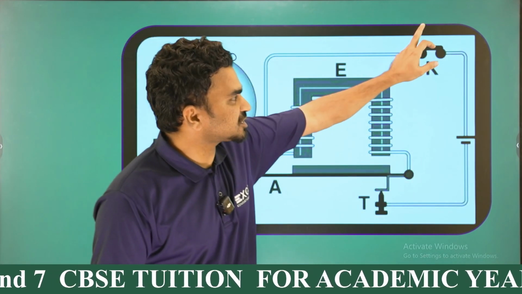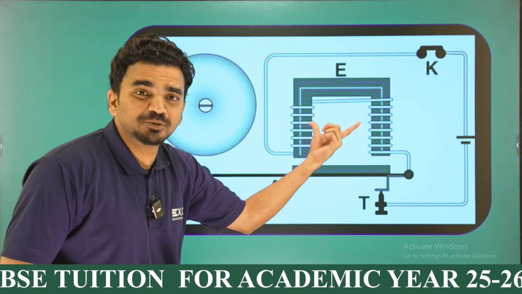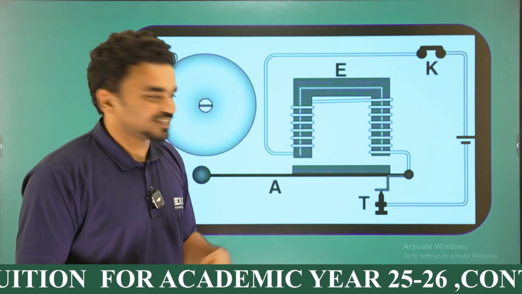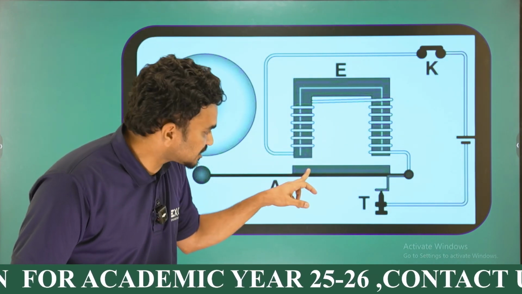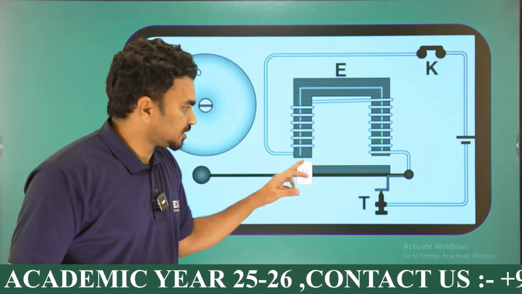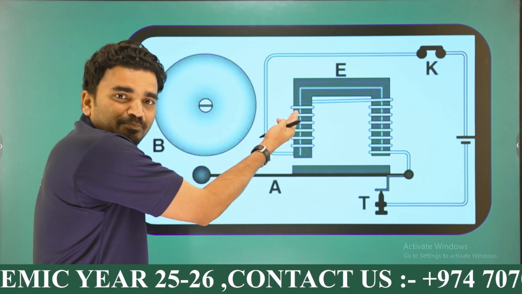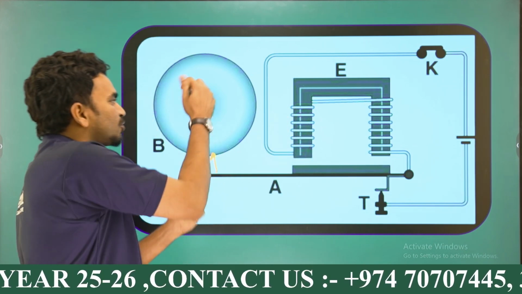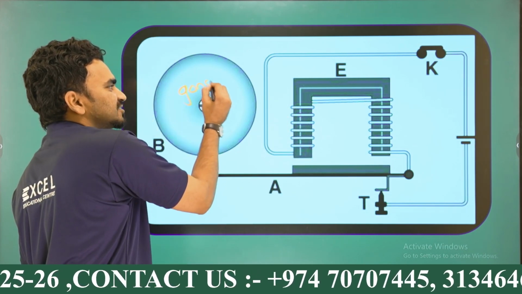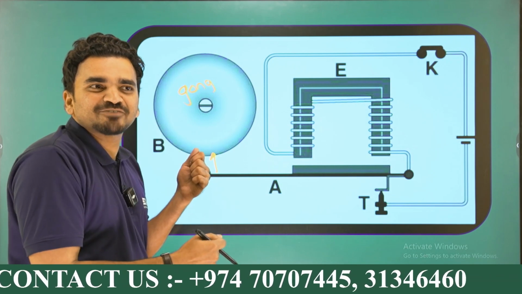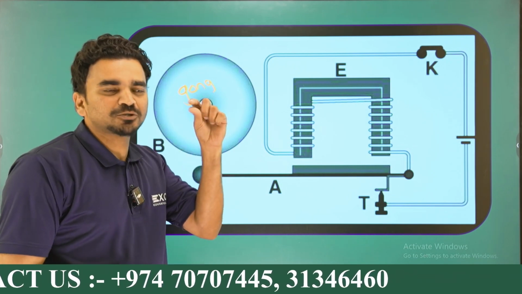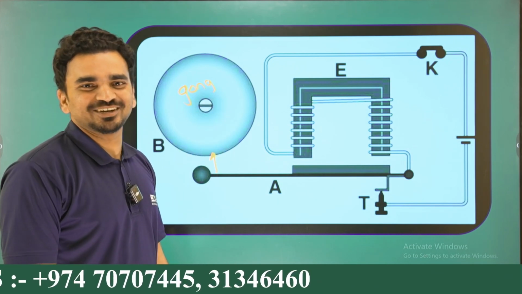When the switch is on, this electromagnet becomes a magnet. Then it will attract this soft iron. When the soft iron goes up, the striker hits the gong. That makes the ringing sound of the electric bell.